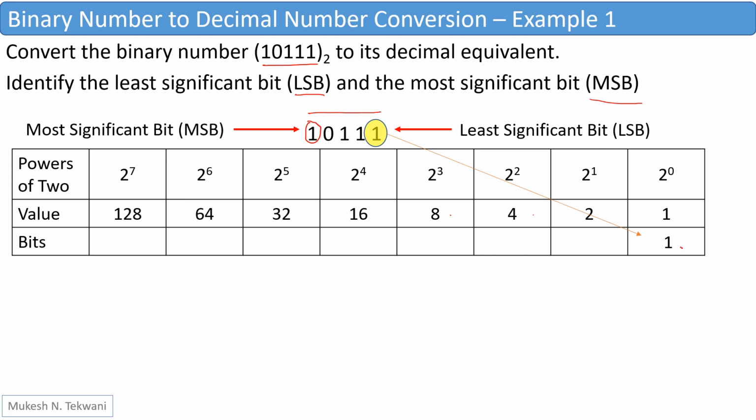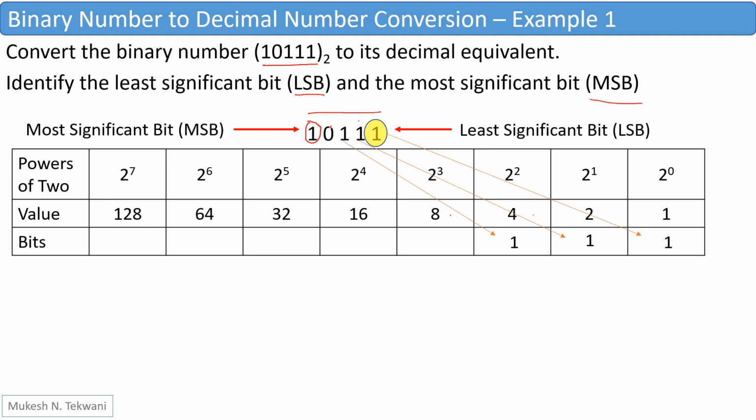So we bring this bit here, 1. The next bit in our number is 1. This is the bit with the next higher power, and therefore we now bring this bit to 2 raised to 1, that is 1. The next bit is again 1, that is copied under 2 raised to 2, that is the value 4. So this bit has the weight of 4.